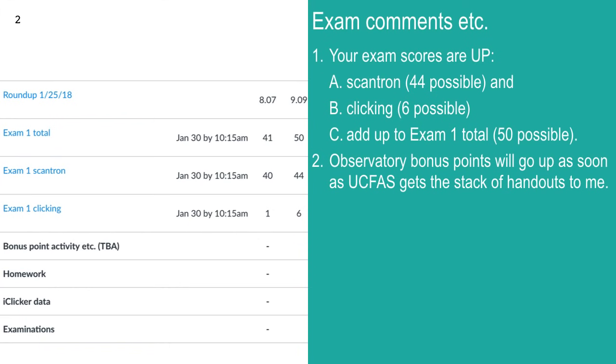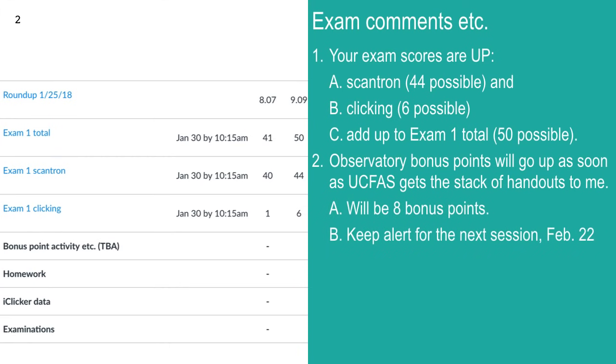They have students from all different sections, not just this one, so they have to sort them out, and then they get them to me. Today's Thursday, so I'll probably see a stack of your handouts in my faculty mailbox next week, maybe the week after. Sometimes they're kind of slow. It will be 8 bonus points.